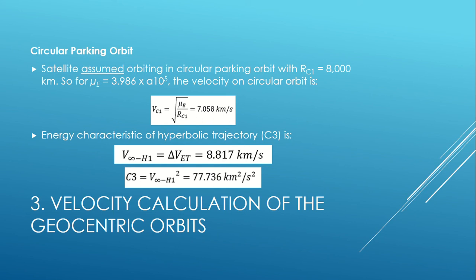Also from V infinity, which is delta V of Earth transfer, 8.817, the energy characteristic is 77.736 km squared per second squared.